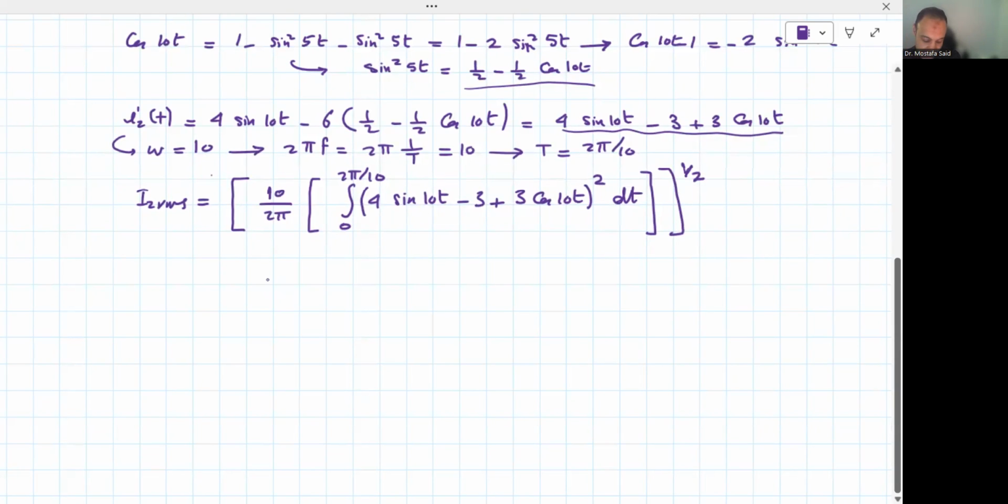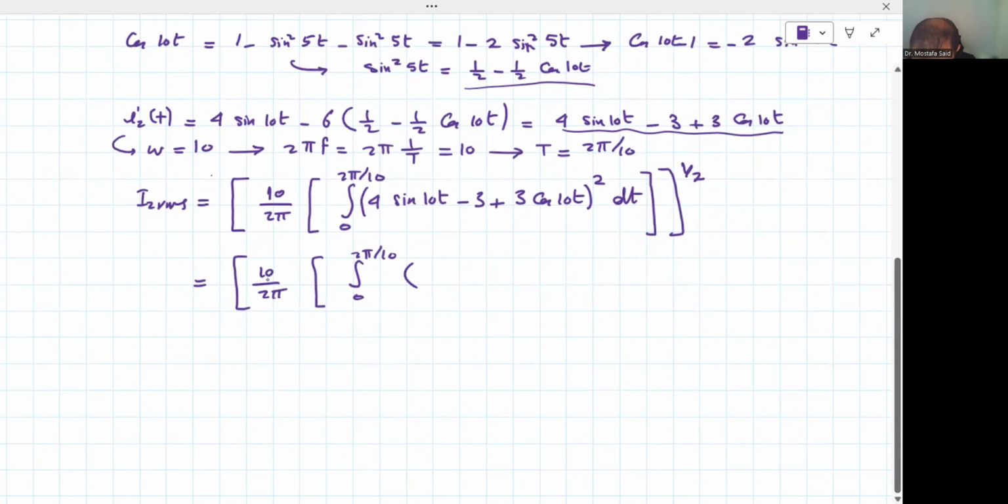That's basically the definition now of RMS. It's more complicated because we have the square root as well as the square of the function itself. So let's see how to deal with that. So 10 over 2 pi, then the integral from 0 to 2 pi over 10, then the parentheses.